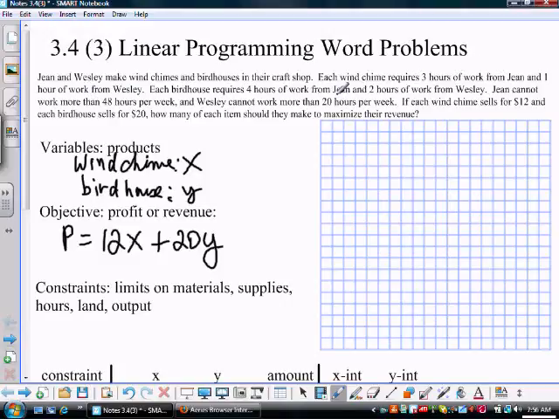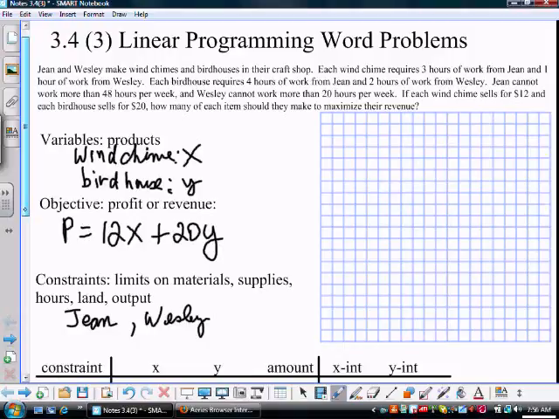Each birdhouse requires 4 hours work from Jean, 2 hours from Wesley. Jean cannot work more than 48 hours per week. There's a limit, and I'll write that limit as Jean. Wesley cannot work more than 20 hours per week. There's another limit, a limit in our hours with Wesley. You may have problems that are as simple as that with two limits. You may have some that get a little more complicated than that.